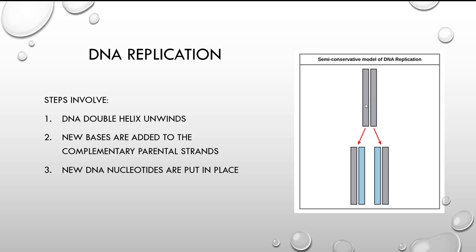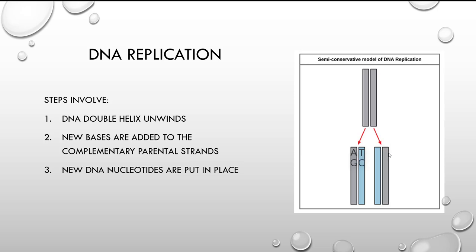Then we can use each strand as a template to add new nucleotides to the new strand based on the complementary base pairings of the old. If the parent strand says adenine, what binds to adenine? Thymine. So a thymine nucleotide will get added to the new strand. If we have guanine on the parental strand, then a cytosine will get added to the new strand.